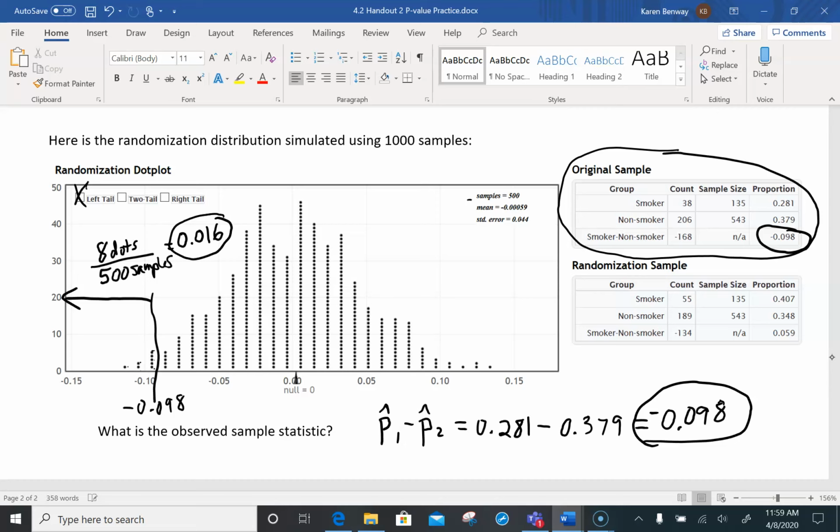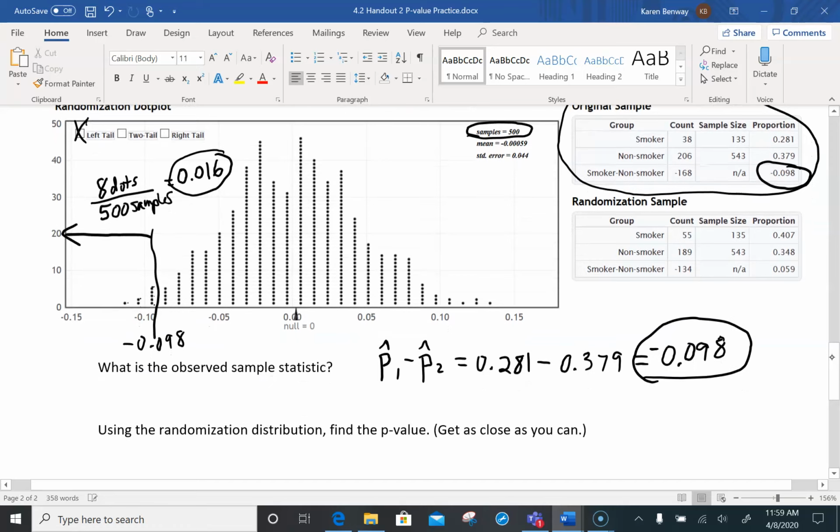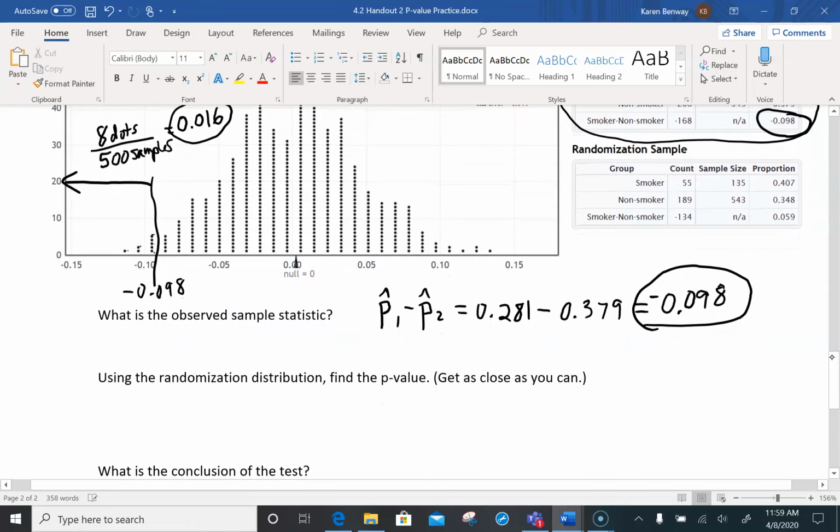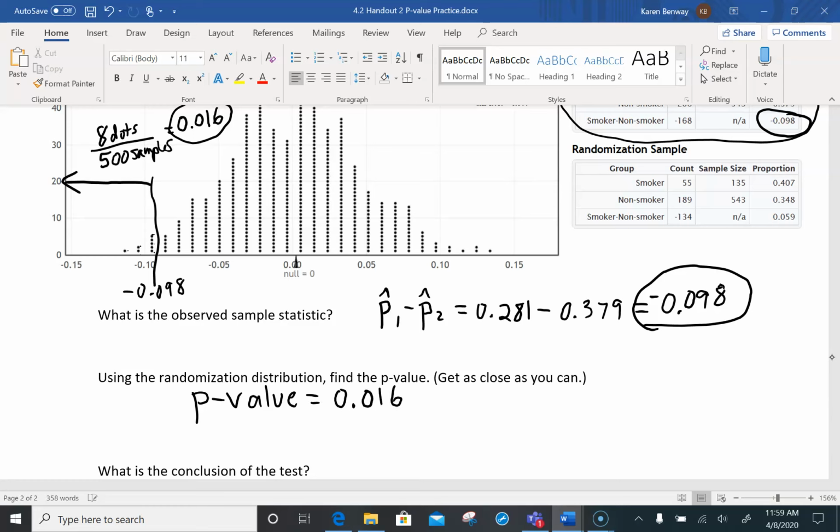And again, you can see up here that it says there are 1,000 samples. There were really only 500. So again, our p-value, I don't need to multiply by 2 because it was only a left-tailed test, is 0.016.